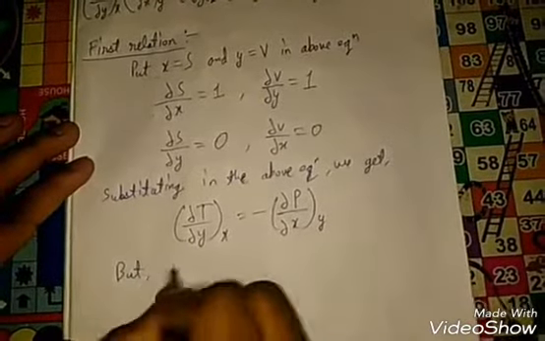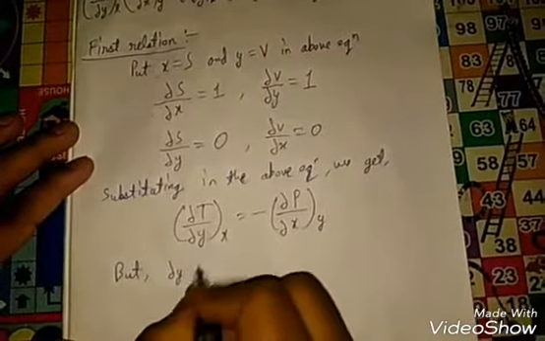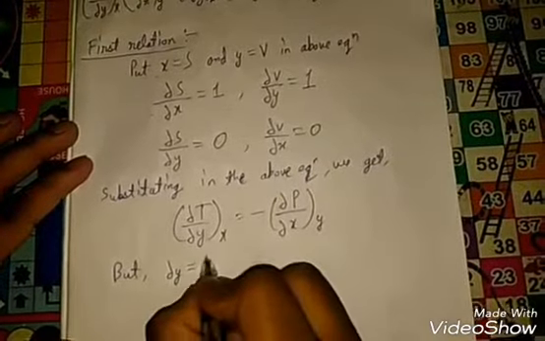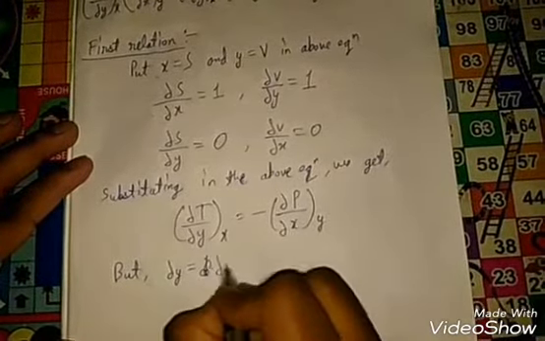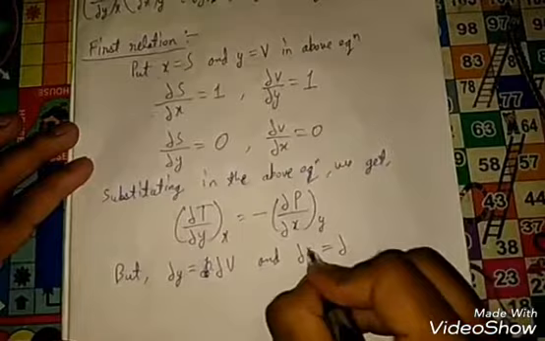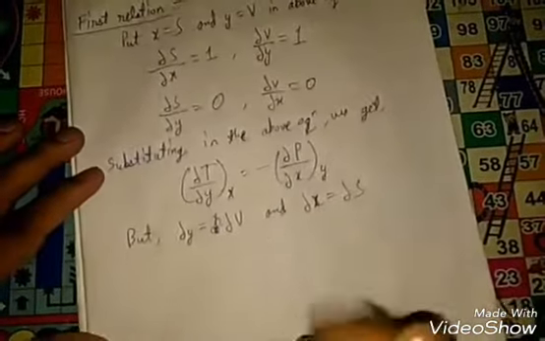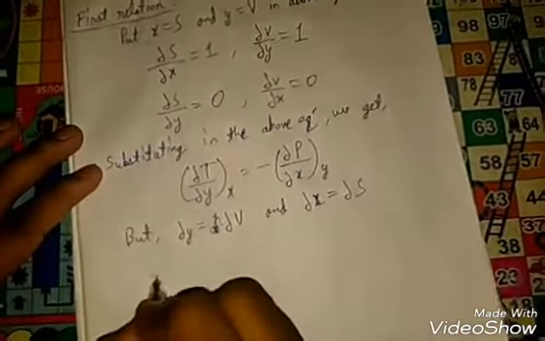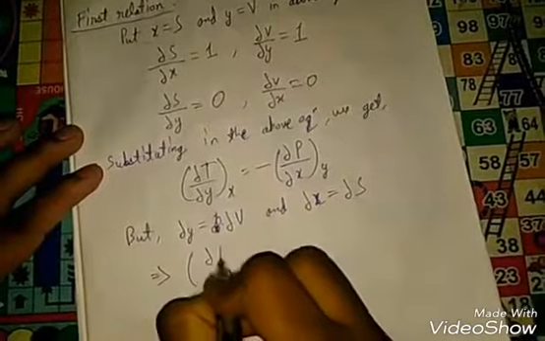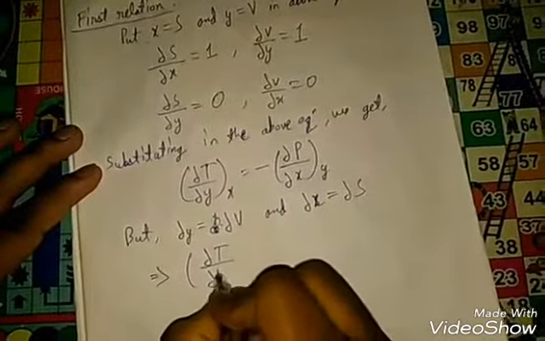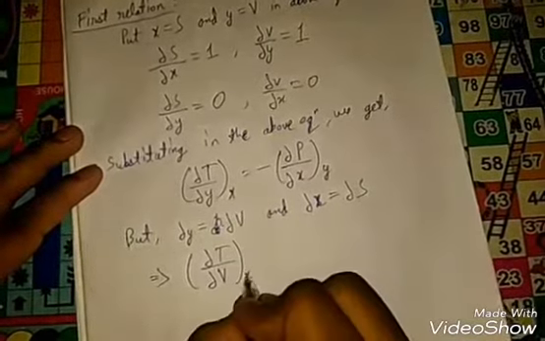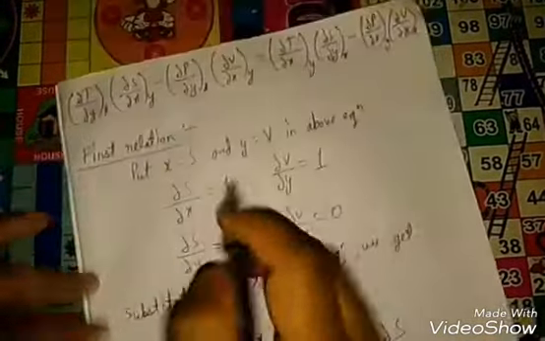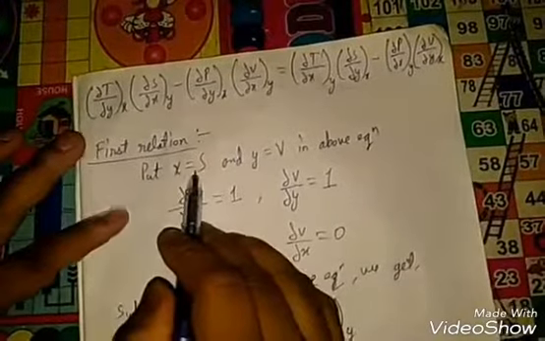But now del y will turn as del v, and del x will turn as del s. So this equation again turns into del t by del v, keeping s constant, or in place of x we write the value we chose, x is equal to s.